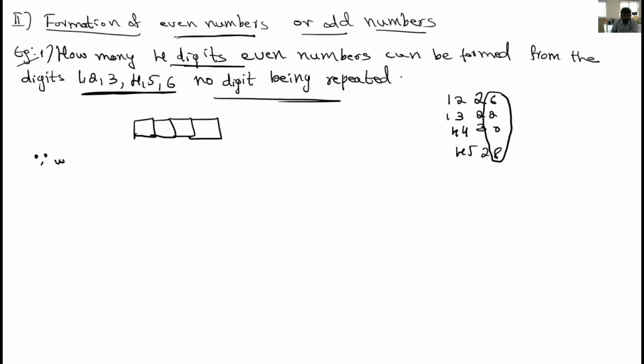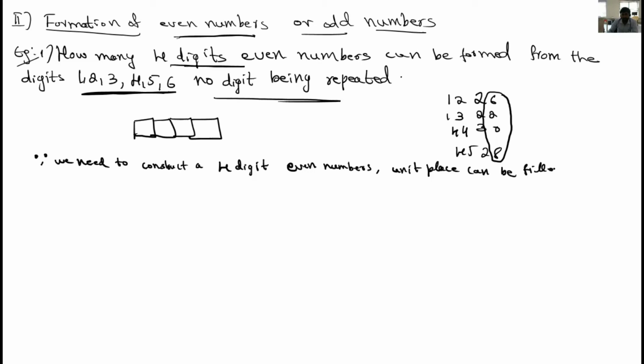Okay, since we need to construct four-digit even numbers, unit place can be filled by even numbers.